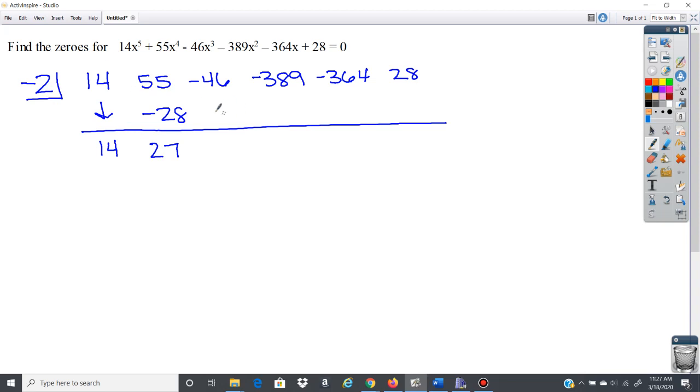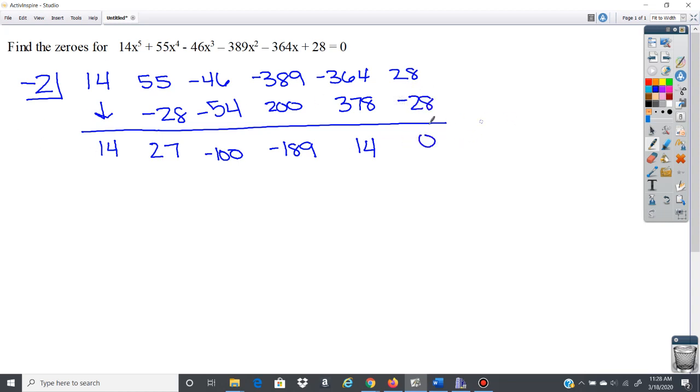Then 27 times -2 gives me -54, which gives me -46 minus 54, -100. -100 times -2 gives me +200. -389 plus 200 gives me -189. -189 times -2 will give me +378. -364 plus 378 gives me +14. And 14 times -2 gives me -28. And then I get 0.